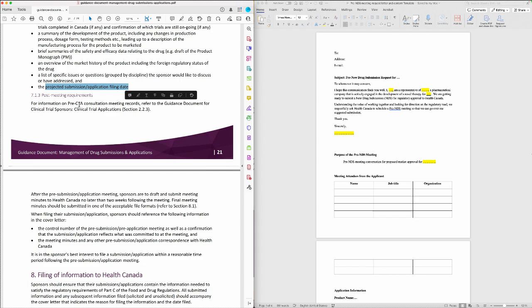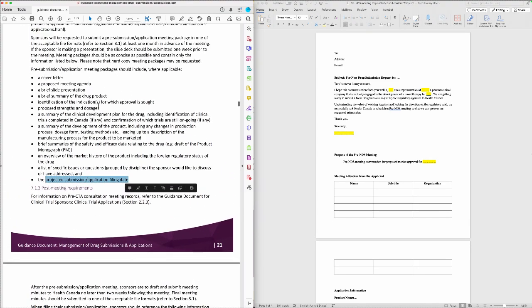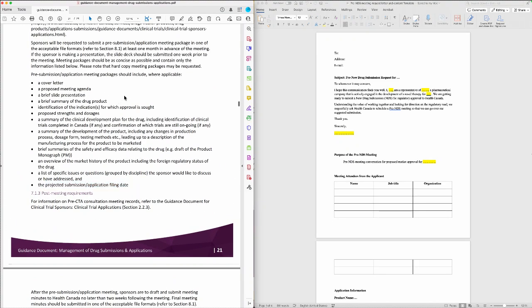And we have to keep those documents and add them into our new drug submission in CTD format, and there is a placeholder, or a sub module, which is made specifically for any correspondence that we had with Health Canada.